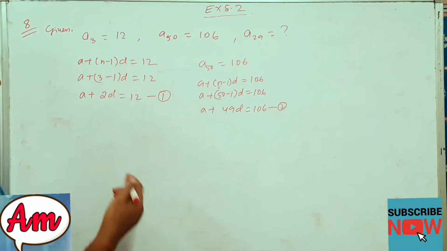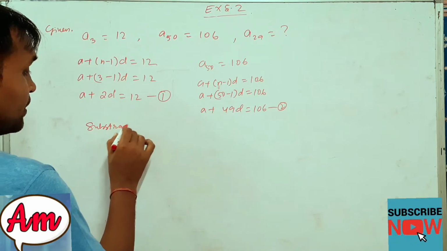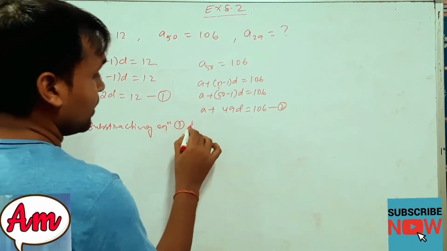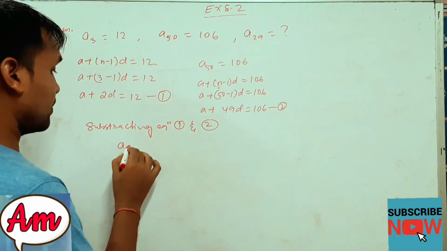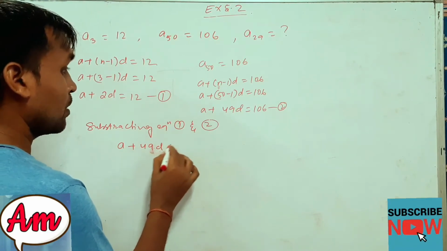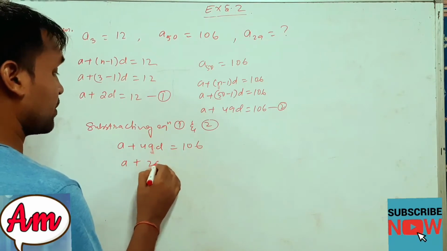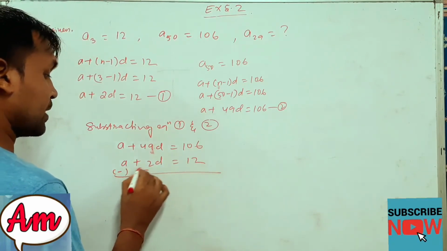Like we have done in previous questions, we subtract equations 1 and 2. When subtracting, let's keep the bigger one on top. So a plus 49d equals 106, and below it a plus 2d equals 12.